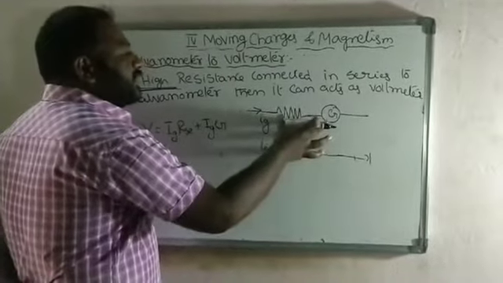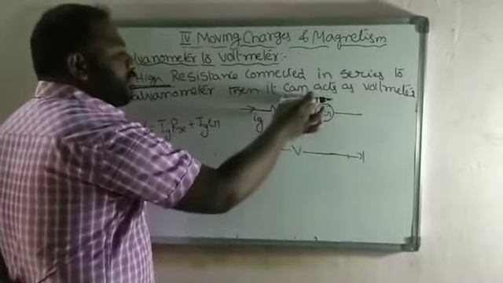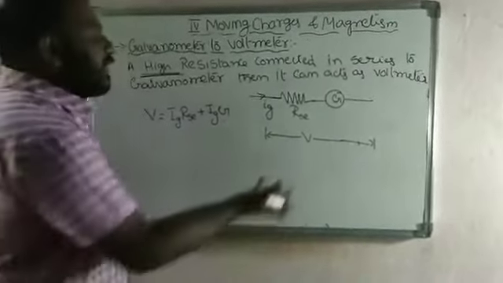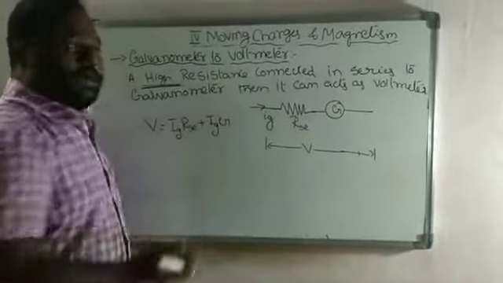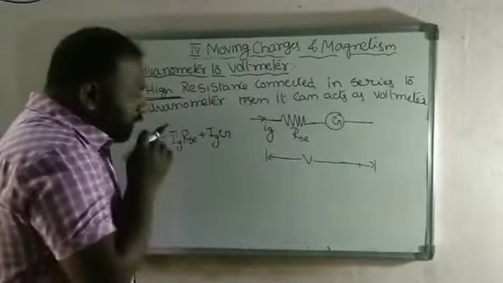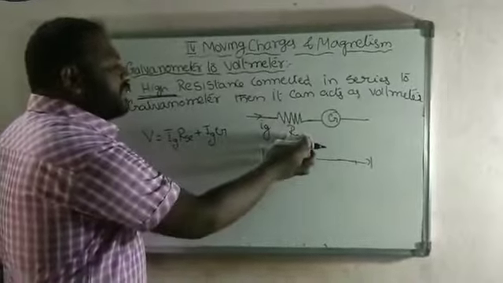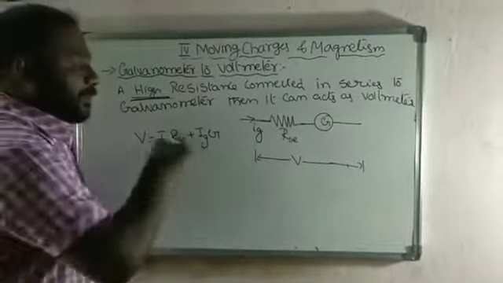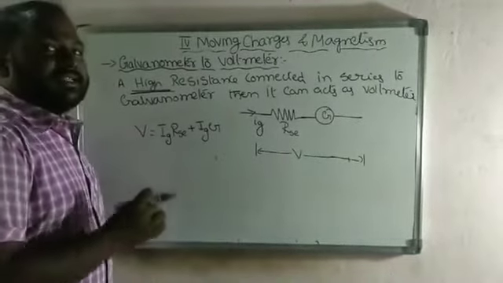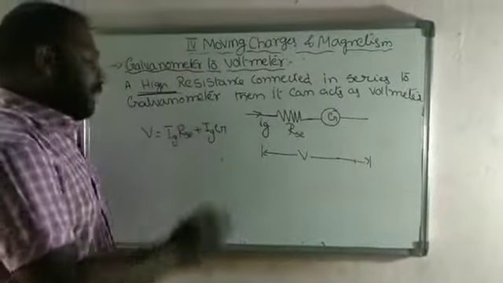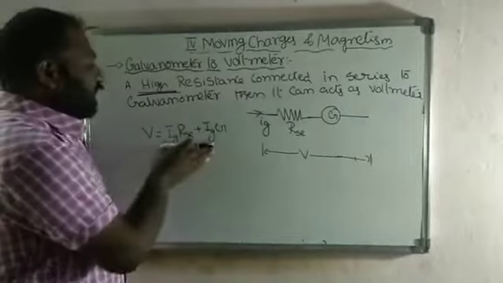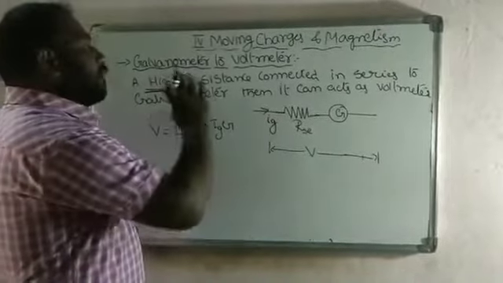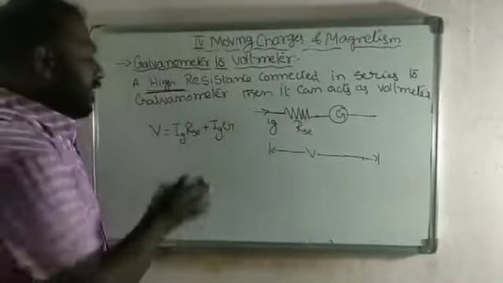These two are connected in series, so the sum of these two voltages is equal to the total voltage. In the previous case we calculated the resistance connected in parallel. Similarly here, we are going to find the resistance connected in series to convert a galvanometer into a voltmeter, that is RSE.